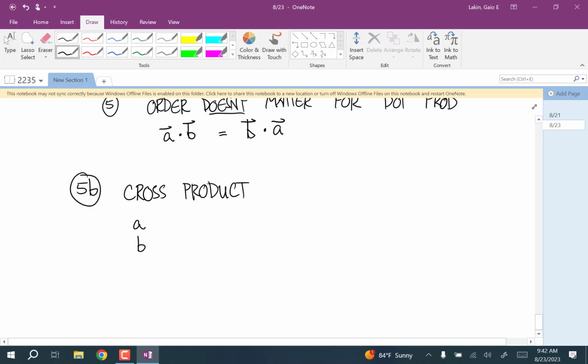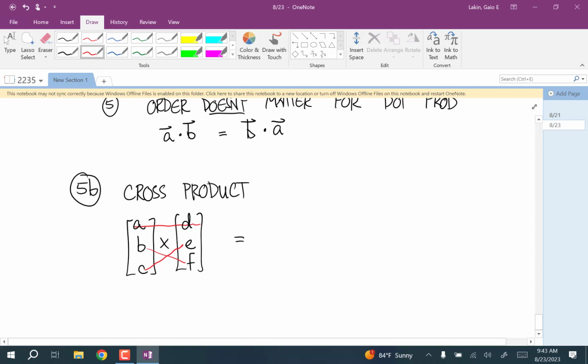So if you have the cross product of A, B, C, and D, E, F, to come up with the X component, you cross out the X components of the two vectors, and then you take this times this minus this times this, okay?